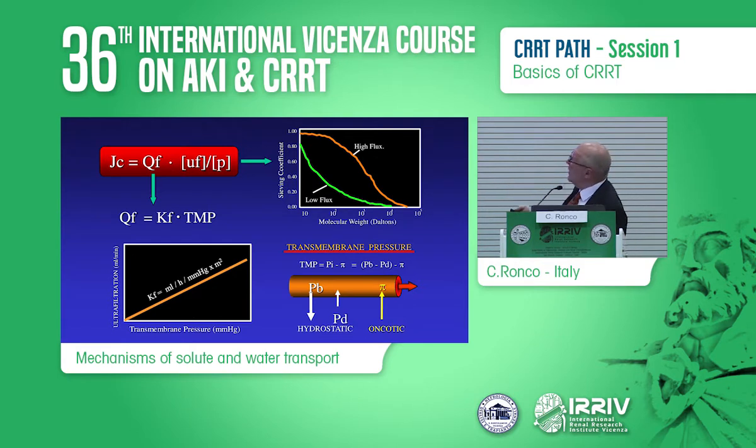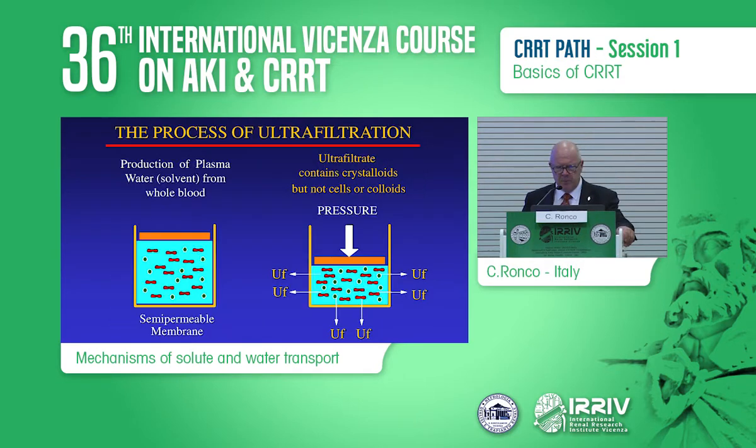The sieving coefficient is described by a curve, and we have the final value of sieving close to 0.1 that we define cutoff, or the initial decrease of the curve when the value of sieving is 0.9 that we call retention onset. Ultrafiltration is a process of production of plasma water solvent from whole blood in response to a transmembrane pressure. It contains crystalloids, but not cells nor colloids.